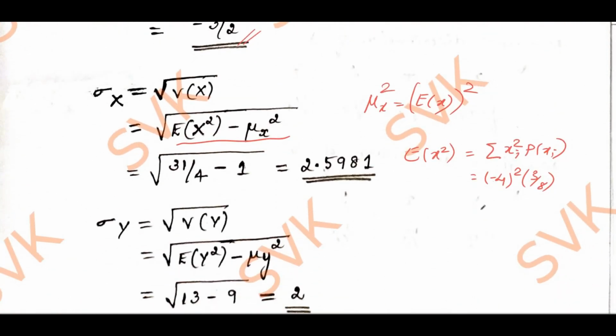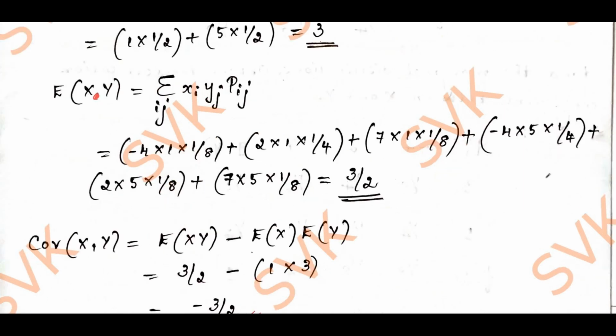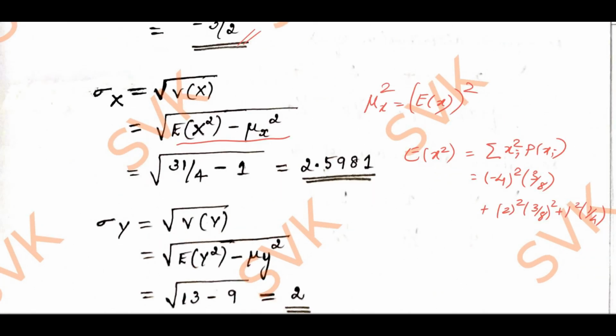Simplify this, and you are going to get expectation of x square as 31 by 4. Minus 1 under square root, which will be equal to 2.5981.